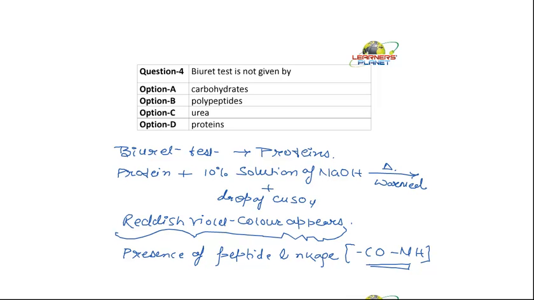Now in case of polypeptides, between the two amino acids, what is the type of linkage present? It is a peptide linkage, CONH, right? In urea also there is a peptide linkage.